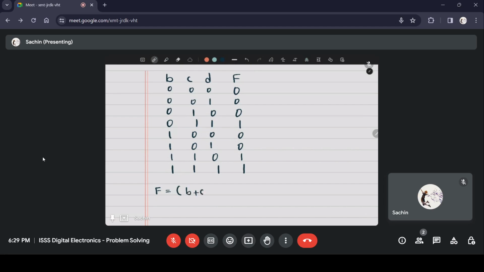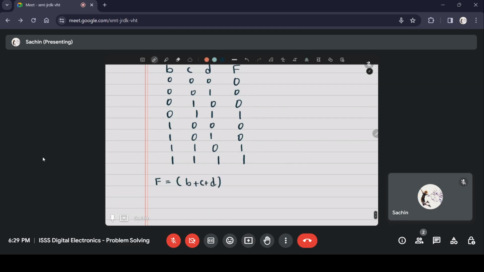So the terms in the product of max term form are B plus C plus D and B plus C plus D prime.